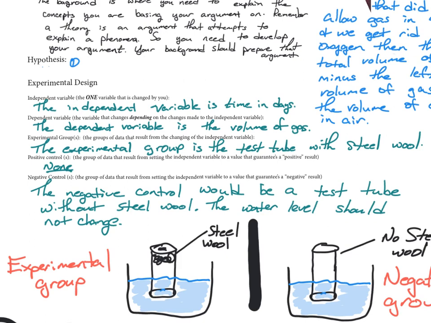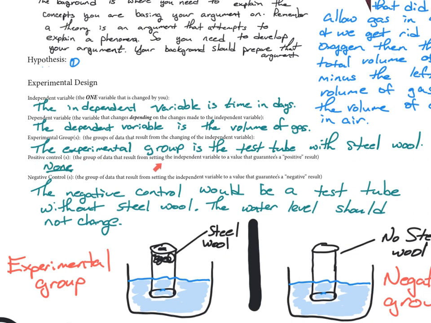You want to see what's going to happen. In this case, we want to see how much change is going to happen. What is the volume of oxygen in this space, and that represents the percent oxygen in the atmosphere. So this is your experimental group, and it has a test tube with steel wool, and we'll see what happens.